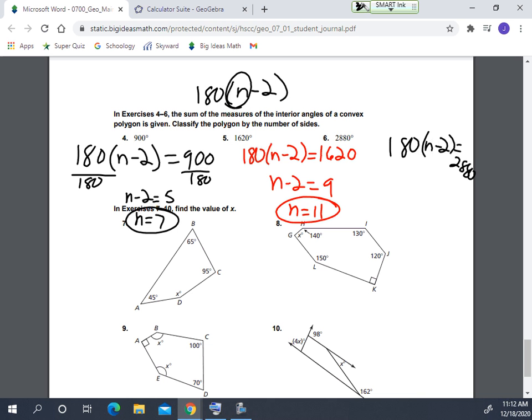Okay? 2880 divided by 180 is 16, so n minus 2 is equal to 16. n is equal to 18. So it's an 18-sided figure. That's what we're trying to find: the number of sides.